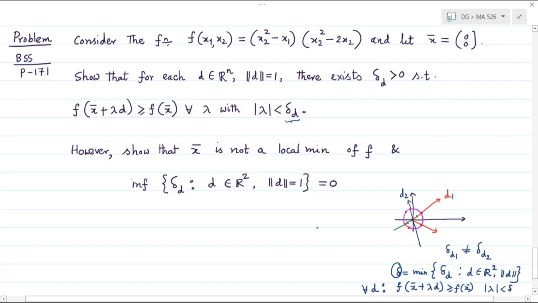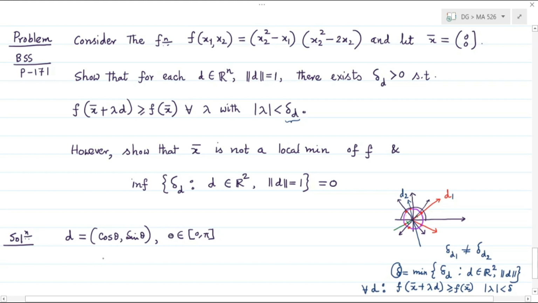Anyway, now let me just hint at how to get this result done. As a solution, we note that any d with norm of d equal to 1 can be written as cos theta, sin theta, where theta is between 0 and pi.